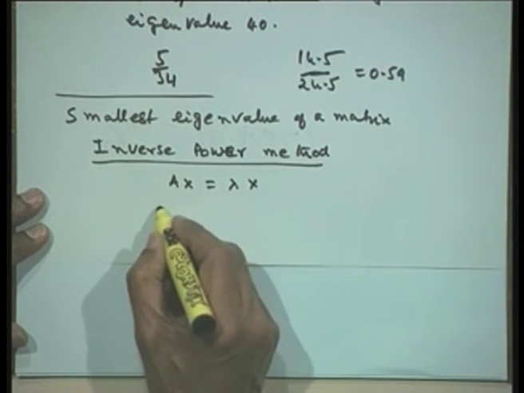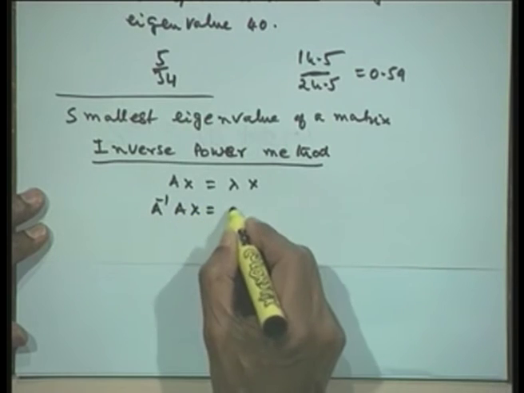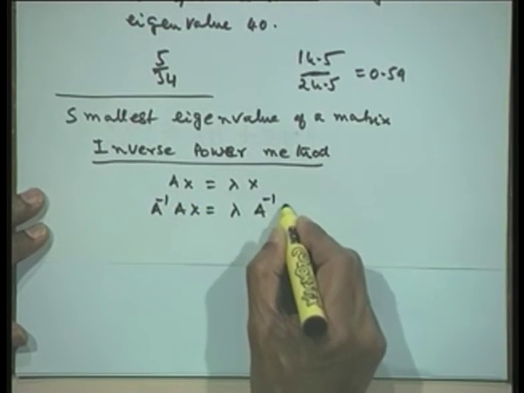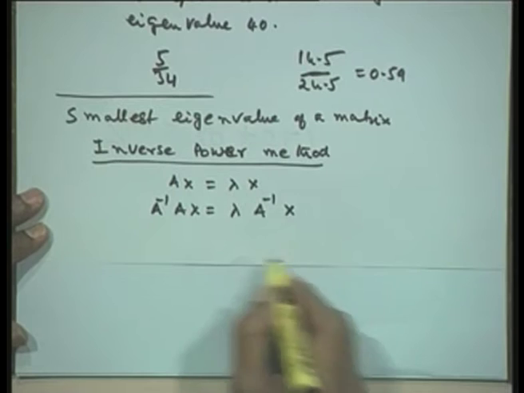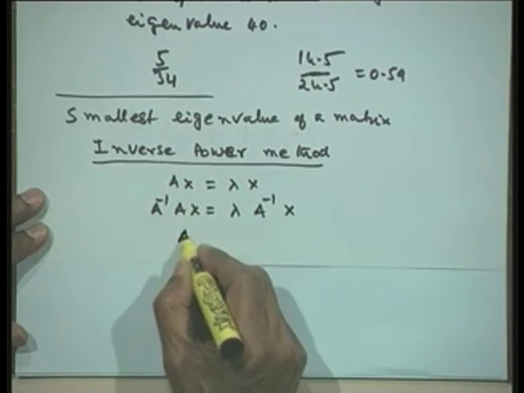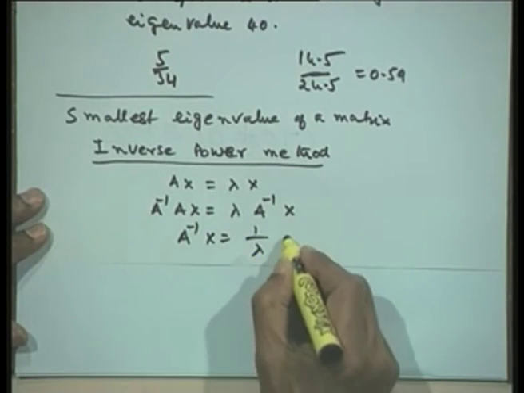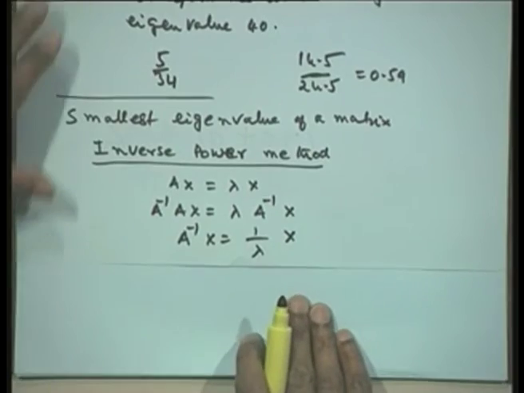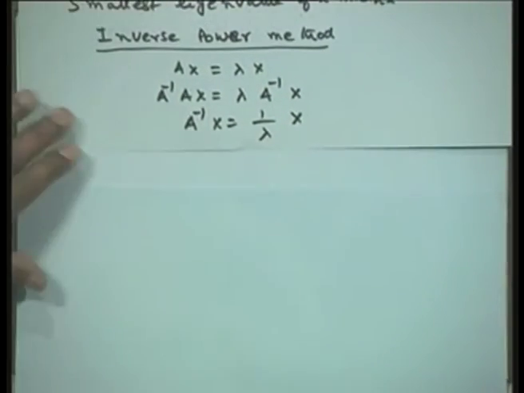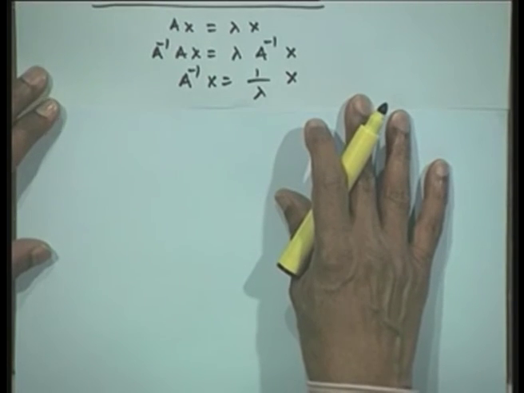Now, I pre-multiply by A inverse. So, I will have A inverse A x is equal to lambda A inverse x. Therefore, I bring lambda to this side and write the right hand side first. So, I will write A inverse x equals 1 upon lambda times x. We have discussed this earlier, but at this stage it is very relevant for us again.